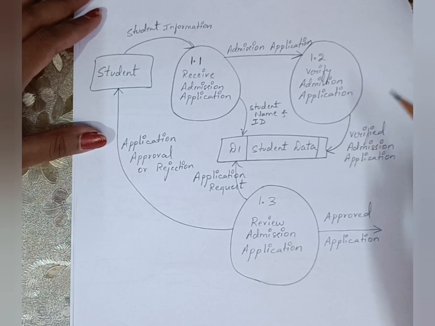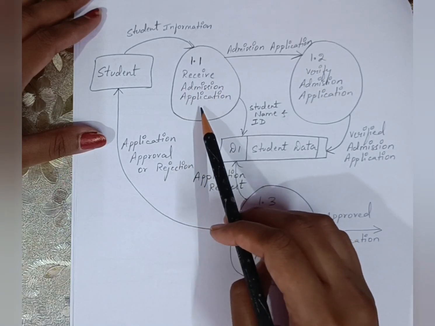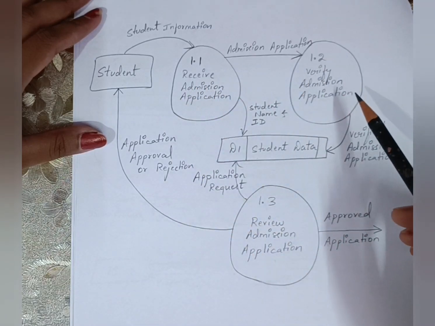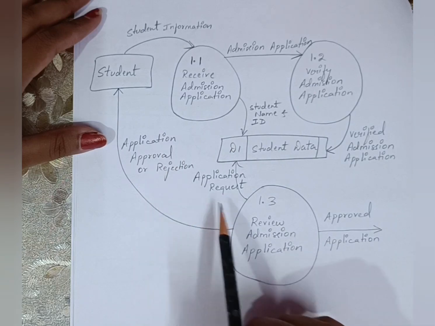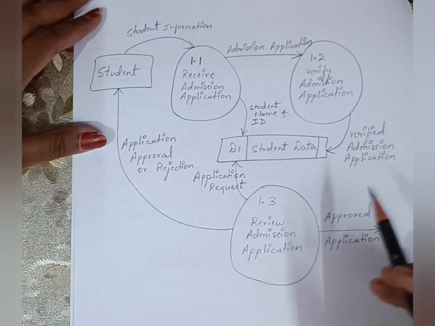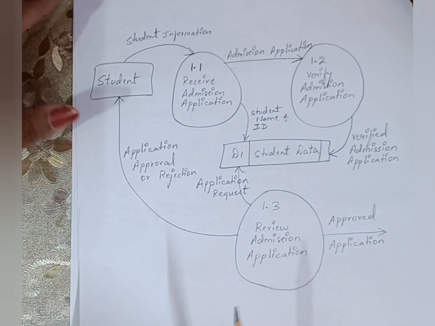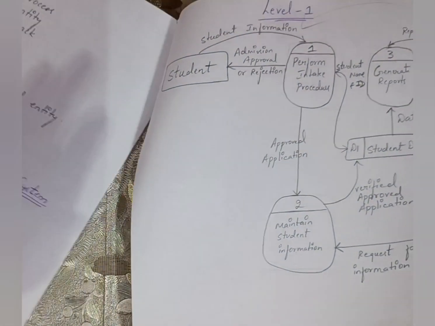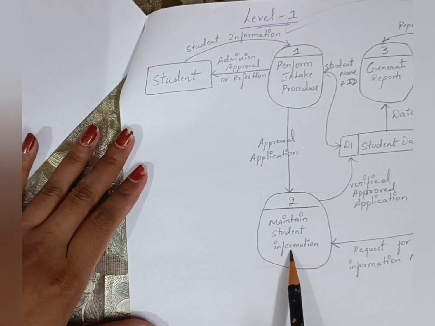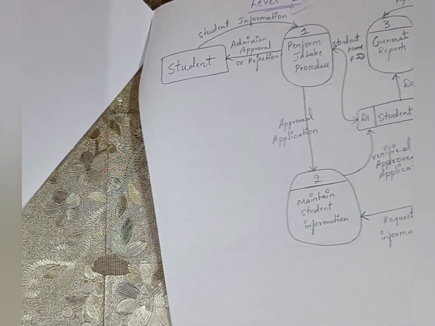So application approved or rejected, which is nothing but the response here. And then from here we are connecting to this process here. And it just goes on like that.